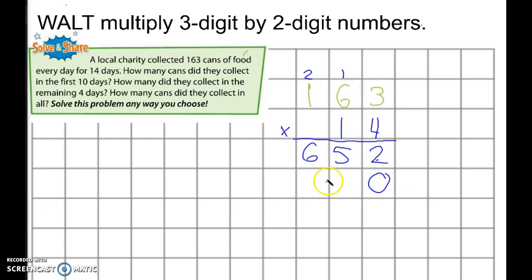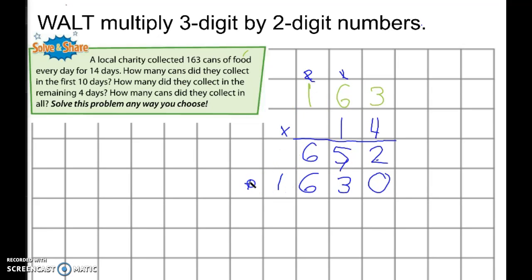But remember, these I already used. So a strategy you could use, especially when multiplying by 2-digit numbers, is cross out your regroupings as you use them. So 1 times 3 is 3. 1 times 6 is 6. 1 times 1 is 1.